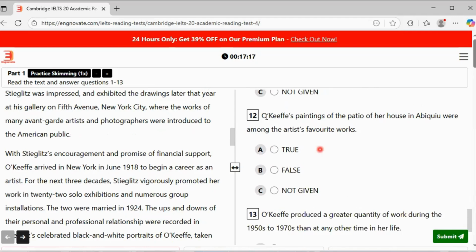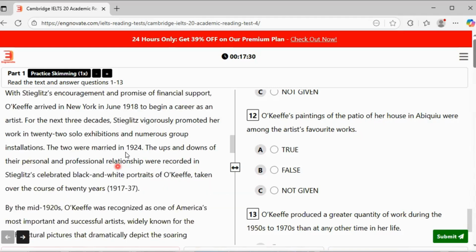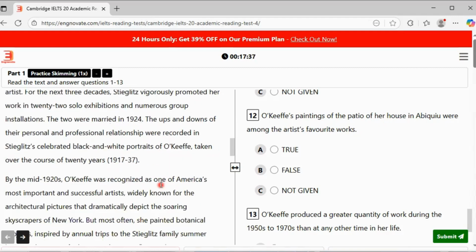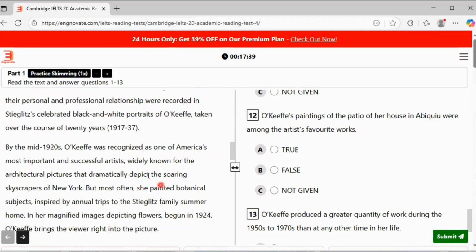Number 12. O'Keeffe's paintings of the patio of her house in Abiquiu were among the artist's favorite works. Okay, favorite works. Let's see. Is there anything like favorite works here? The ups and downs of their professional and personal relationships were recorded. Okay. Favorites. I'm looking for anything like favorite works.